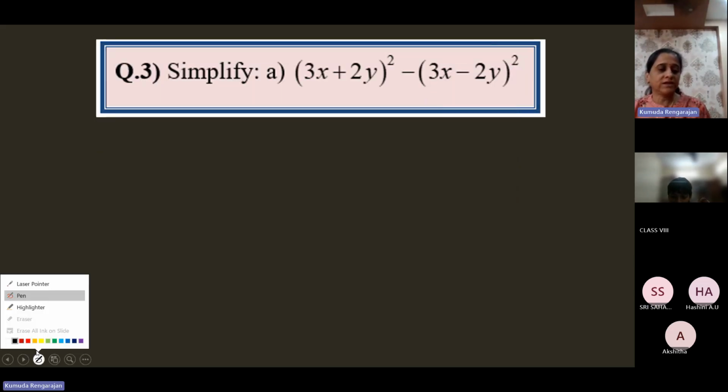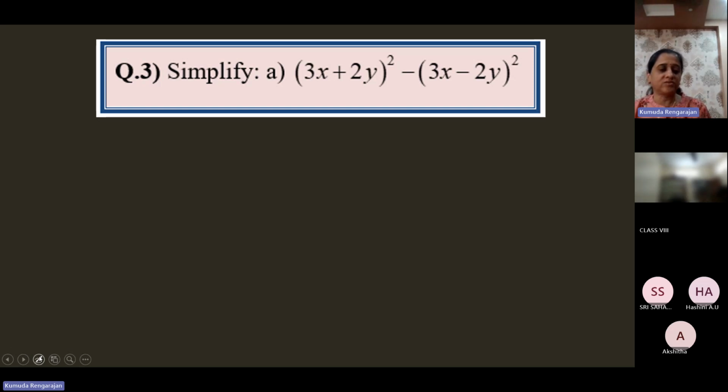Now, let's work this using the identity a squared minus b squared. See here, I'm taking this as a squared minus this is b squared. This full thing is a, and this expression is b. So what is my a?